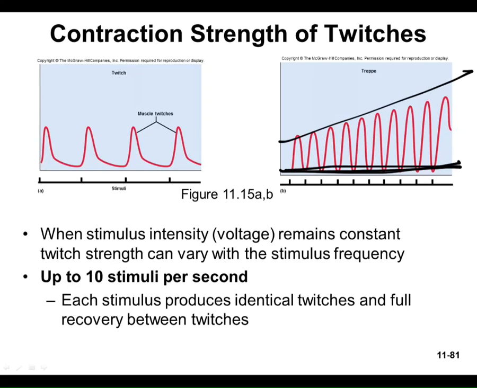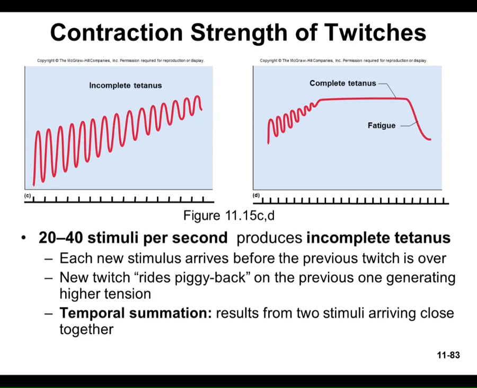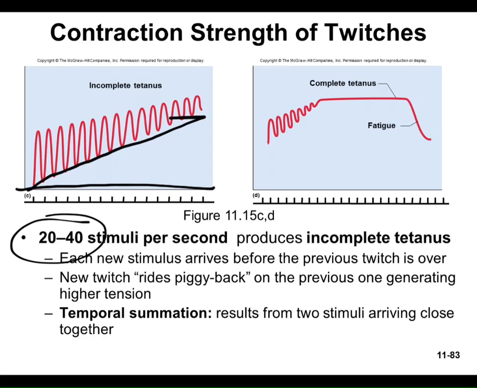The stair stepping is across the top, but they're all coming back to rest. But if I increase the intensity to the point of 20 to 40 stimuli per second, it's never coming back to the bottom. It is actually having a stair-step effect here because it's never able to relax completely. And there's also an increase on the top, a stair-step effect.